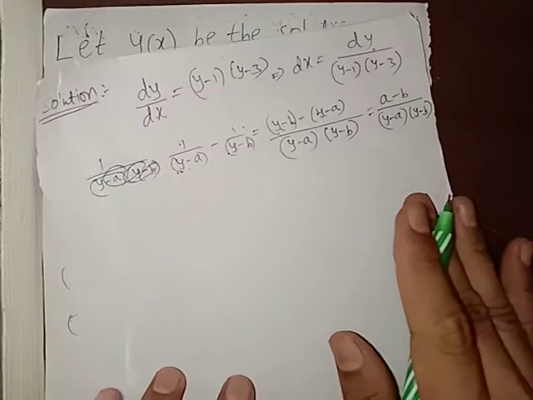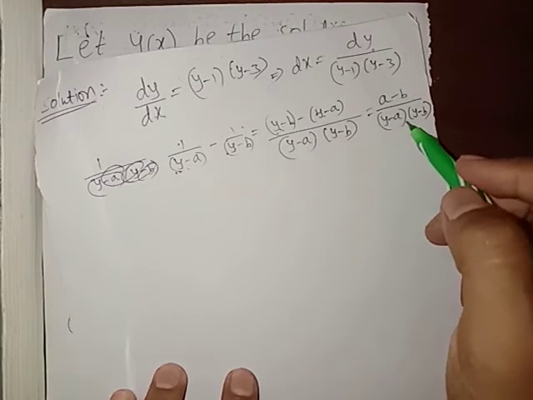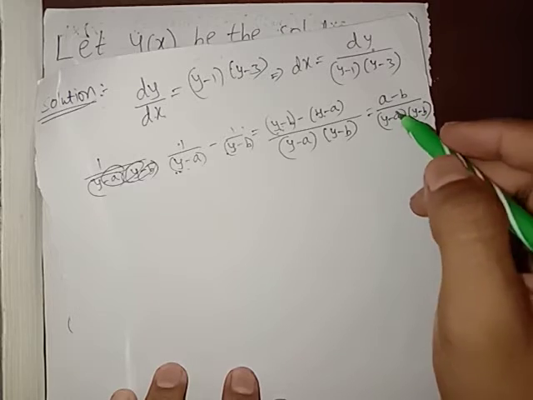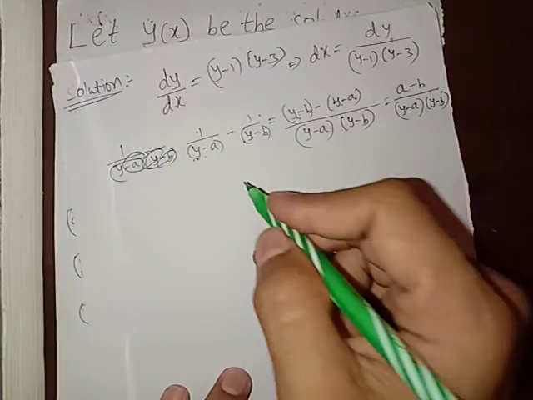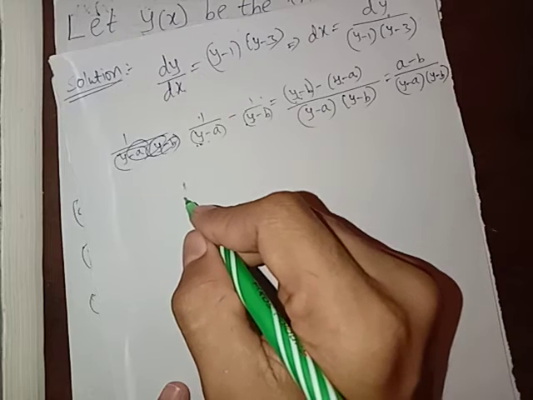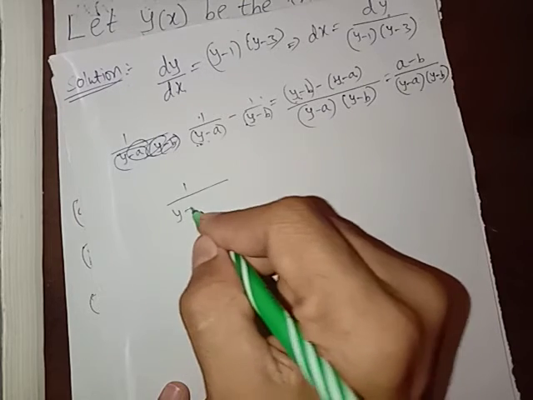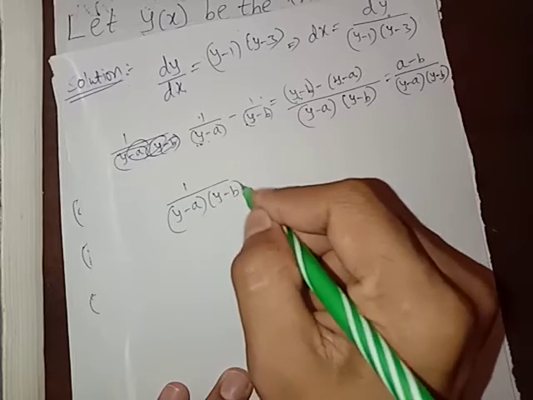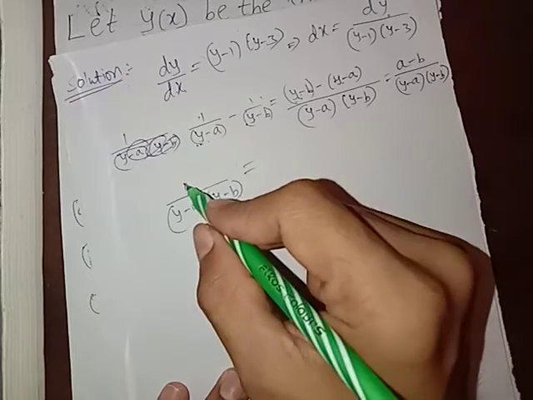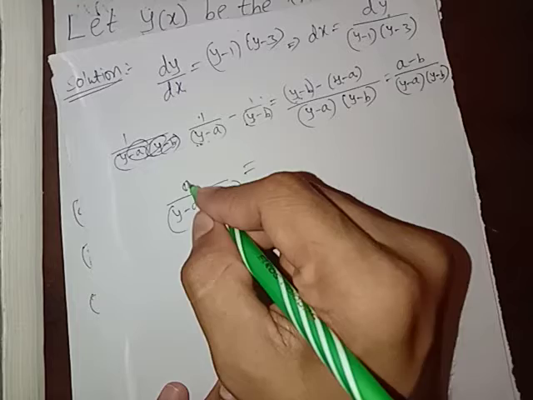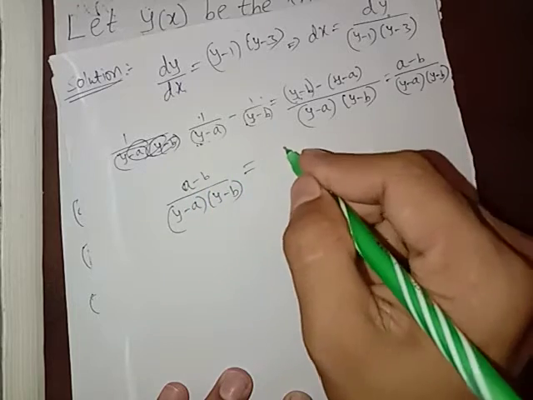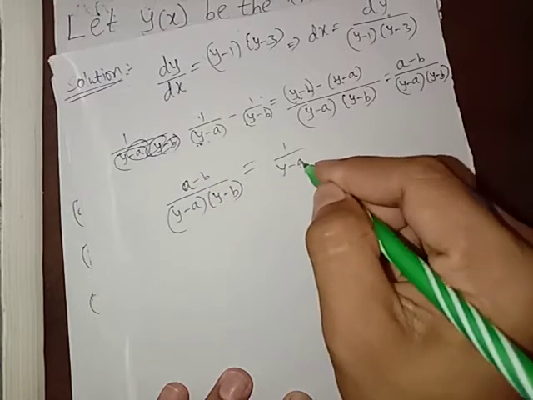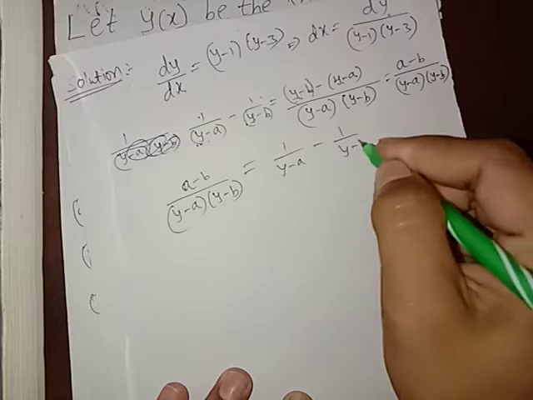This is what we get. Now to make it 1 divided by y minus a into y minus b, that is equal to a minus b divided by this, meaning 1 divided by y minus a minus 1 divided by y minus b.